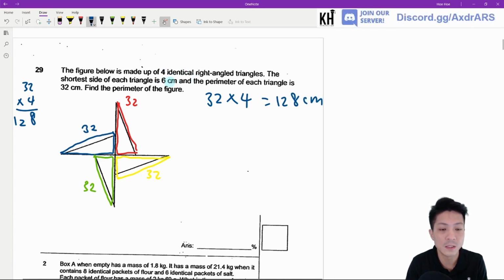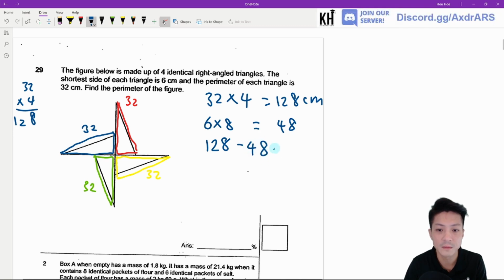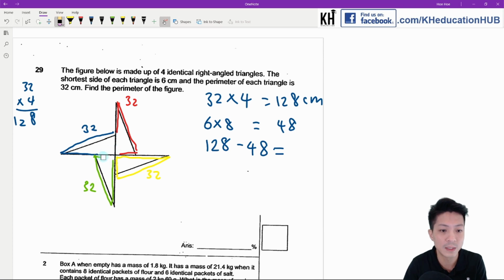Next, as you can see, I'm going to remove whatever is inside, and there are 8 of them, so I need to do 6 times 8, which equals 48. Okay, the last step will be to use 128 minus 48. If you remember just now, it's like me erasing away the middle lines over here.